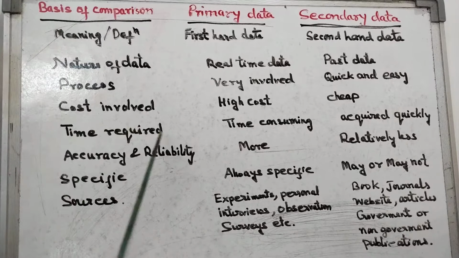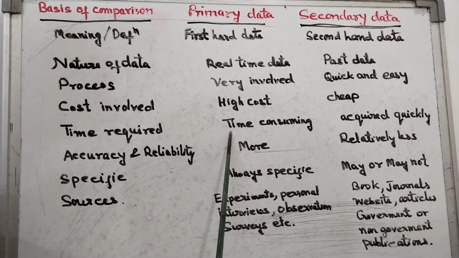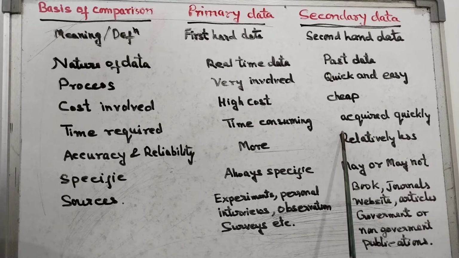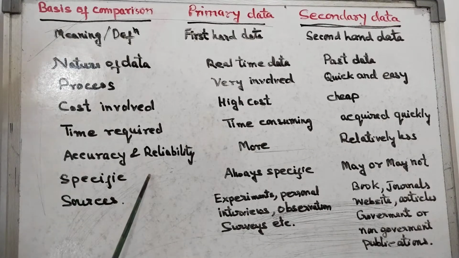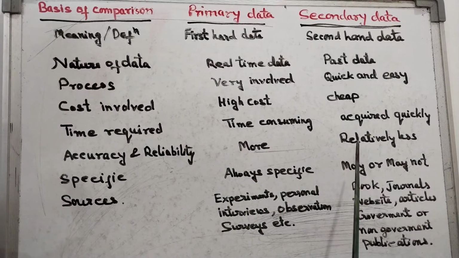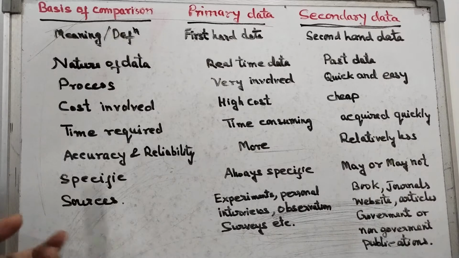Next is time required. Primary data is time consuming because we have to go to the source to collect the data, but secondary data can be acquired quickly. Next is accuracy and reliability. When we go for primary data, it is more reliable and we get more accurate results, but secondary data are relatively less accurate and reliable.